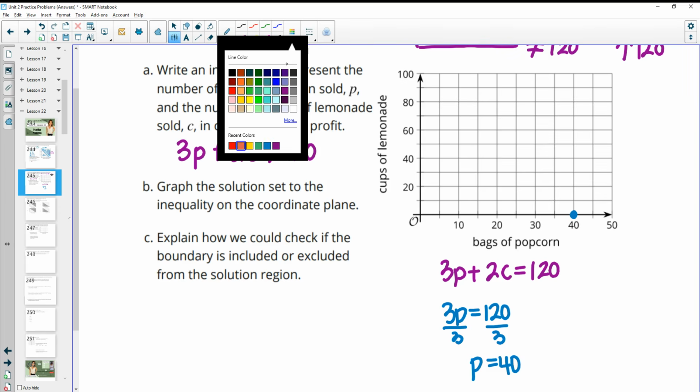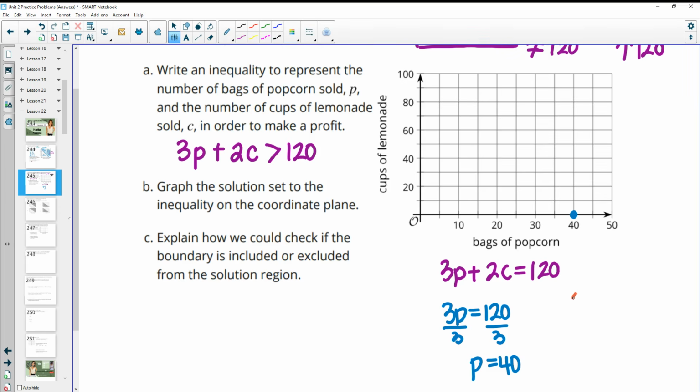Then we want to look at how many cups of lemonade we would need in order to get to the 120. So you can just divide these by 2. And so we would have to sell 60 cups of lemonade if we only sold lemonade, right? So 0 popcorns, 60 lemonades, or 40 popcorns with 0 lemonades.